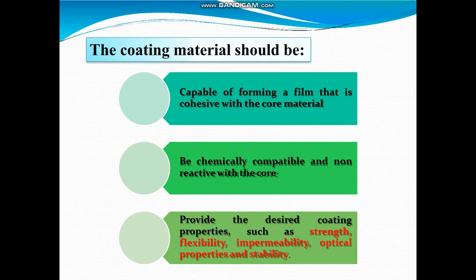The coating material should be chemically compatible and non-reactive with the core; it is the same case as like dissolves like. The coating material should provide the desired coating properties such as strength, flexibility, impermeability, optical properties as well as stability. So these are some characteristics of the coating material.